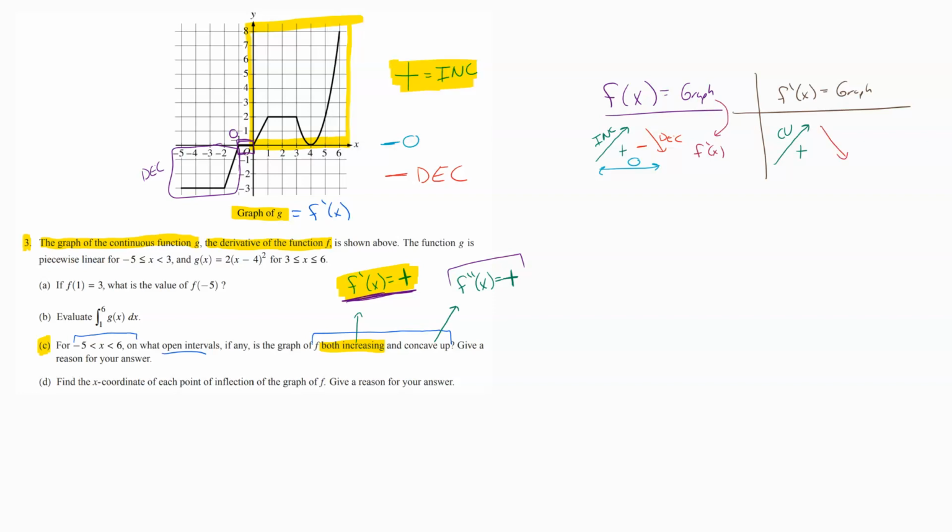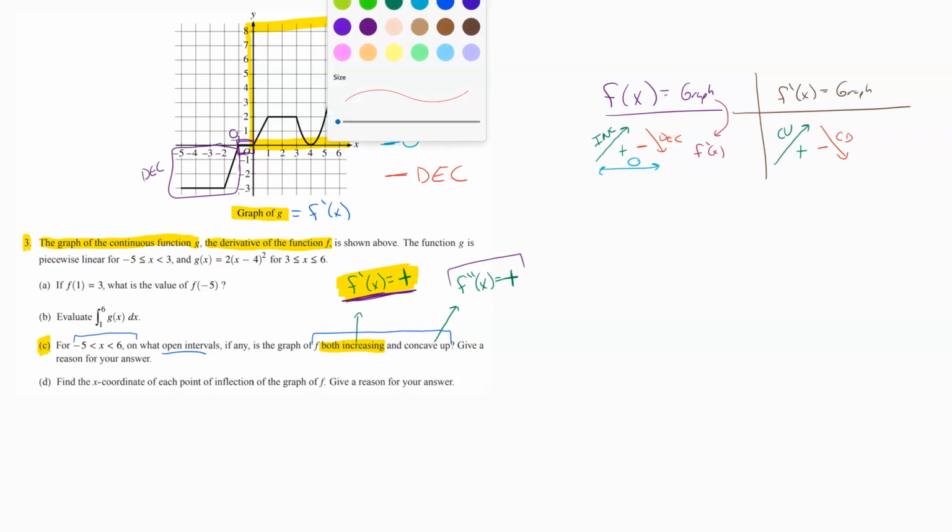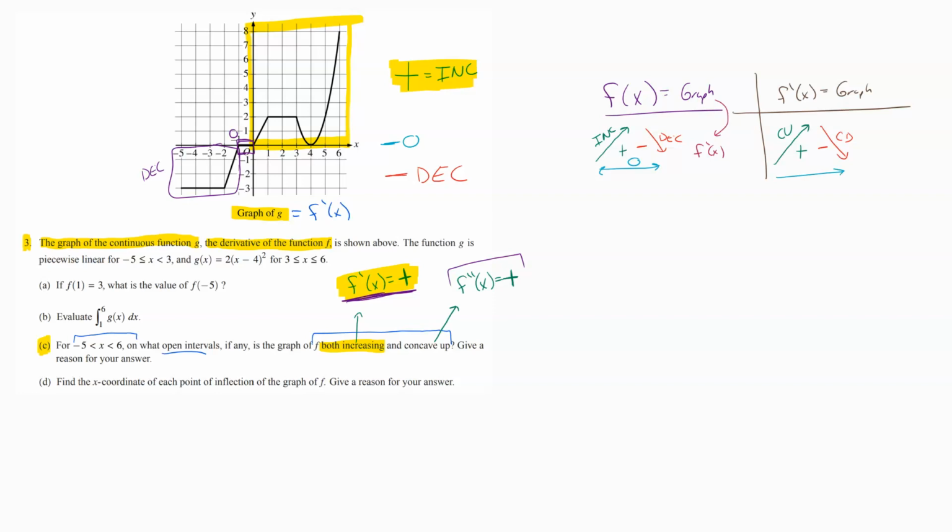Wherever that graph would be going down, that would be a negative second derivative, and that would tell us where it's concave down. And wherever it's going horizontal, that would be a 0, and we would look for possible inflection points there. For us, because we want to know where the second derivative is positive, we are looking for where we would read off a positive, increasing section on this first derivative graph.